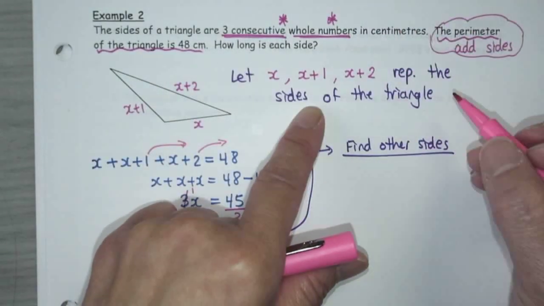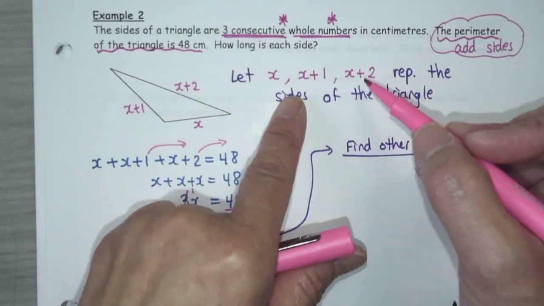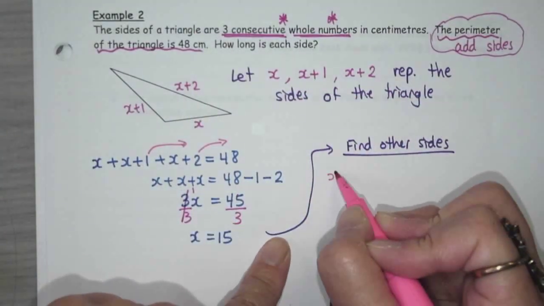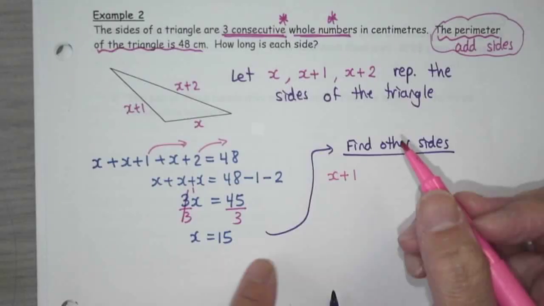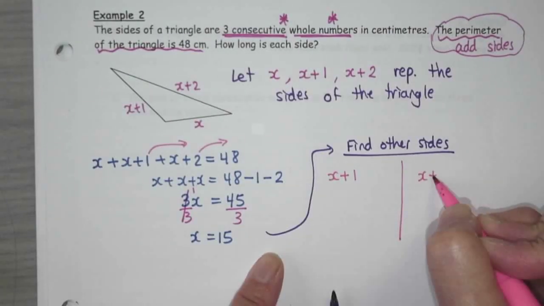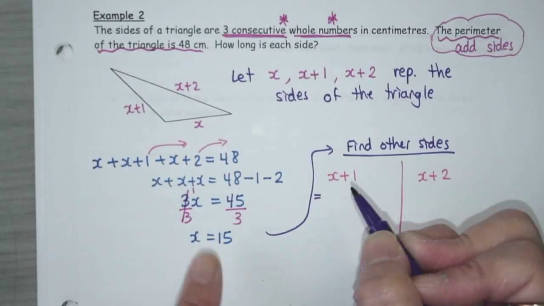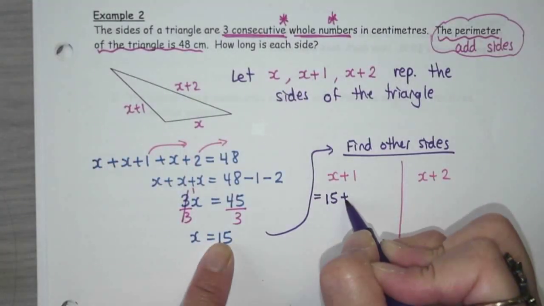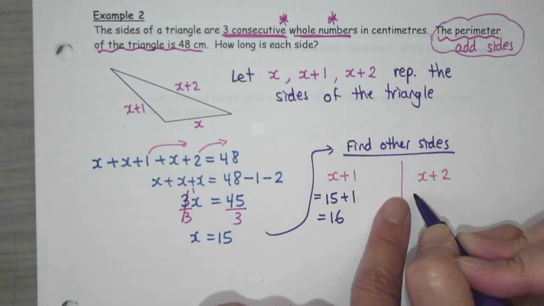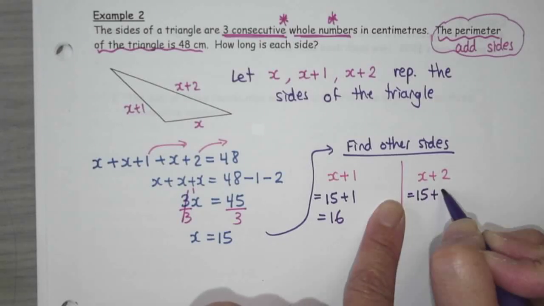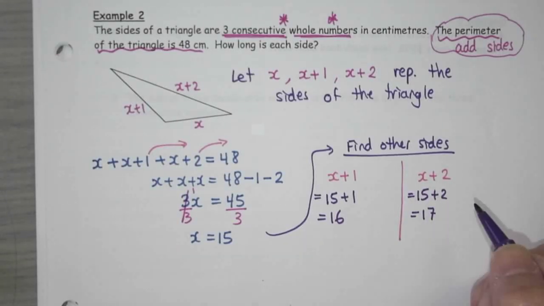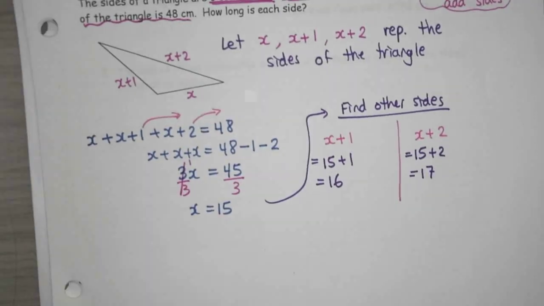Like your eyeballs from above, x, x plus 1, and x plus 2. So I want x plus 1, because I already have x, and I want x plus 2. So I want to look to my sentence and go, wait, I know what the other sides are. So I'm going to take the 15 plus 1, so that gets me 16. And I'm going to go 15 plus 2 and get 17. So therefore, okay, and that's it.